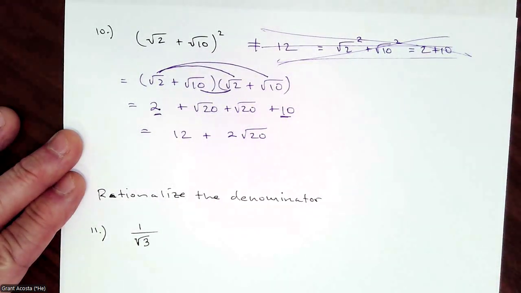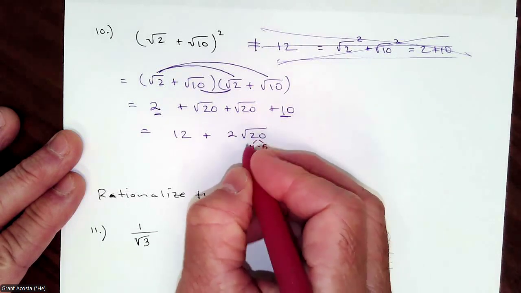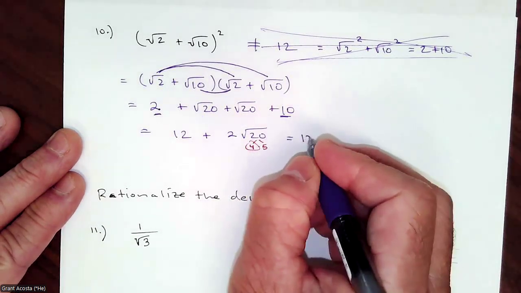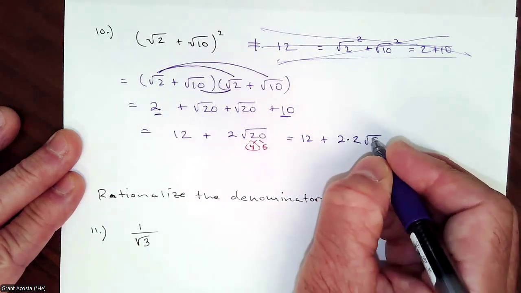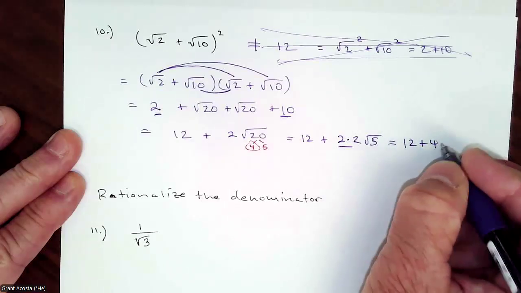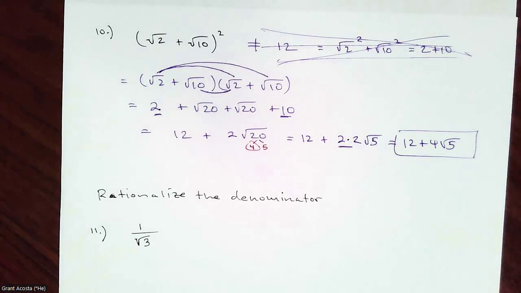And keep in mind that 20 is 4 times 5, and 4 is a perfect square. So if it's in the root, it's going to come out as a 2. So this is 12 plus, and there's already a 2 there, so there's going to be another 2, which we can multiply together. 12 plus 4 root 5 would be the simplified answer for that.